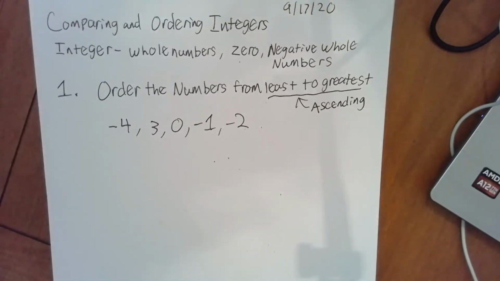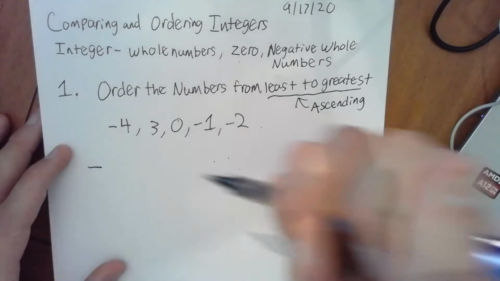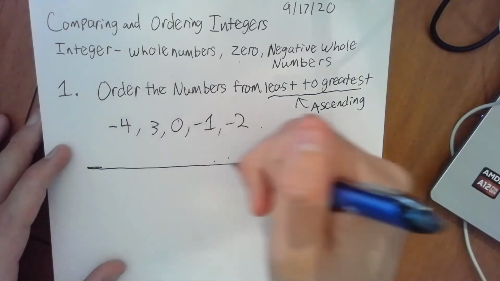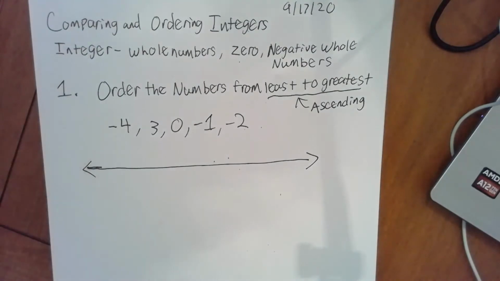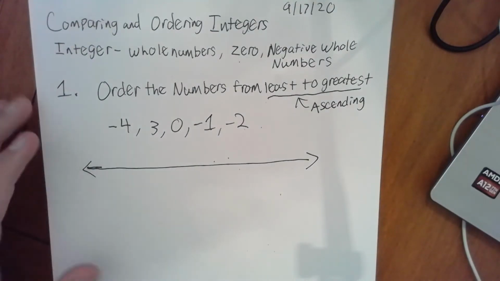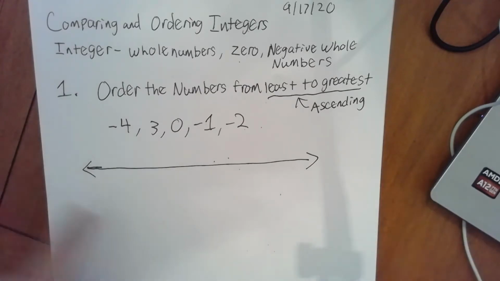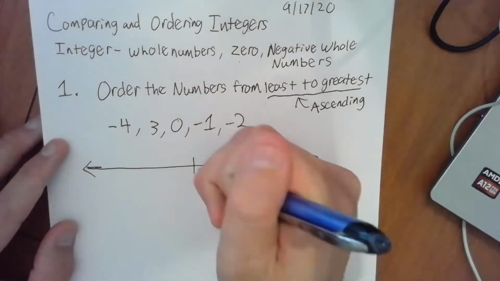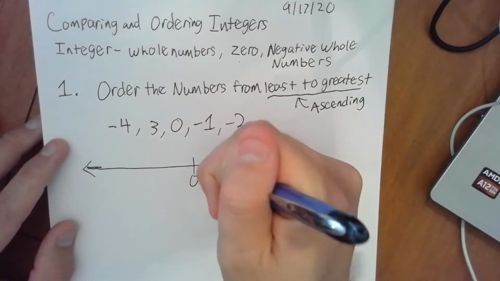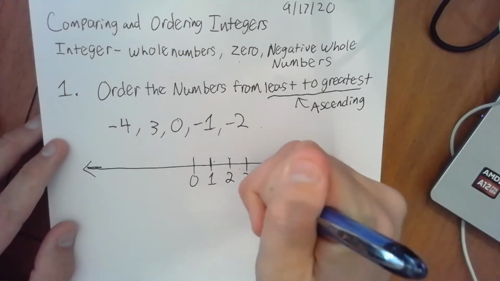Okay, and how you easily do that is you use a number line. So go ahead and put out a number line. Now, what numbers go on the number line is really up to you. However, you need to make sure that it goes far enough in each direction that we hit all of these integers. So if I start from 0, I go 1, 2, 3.